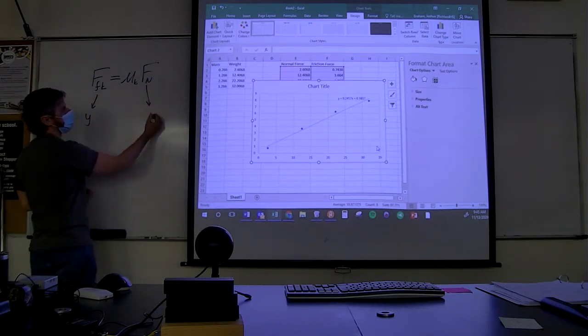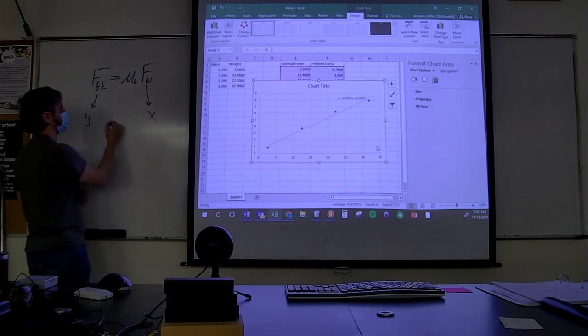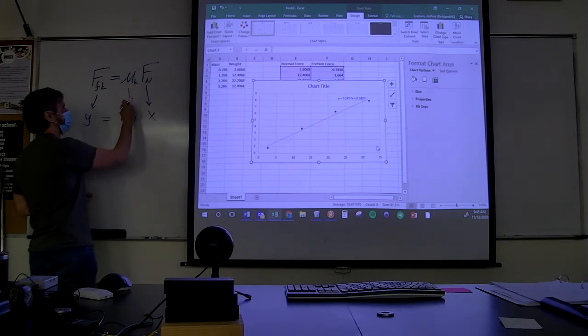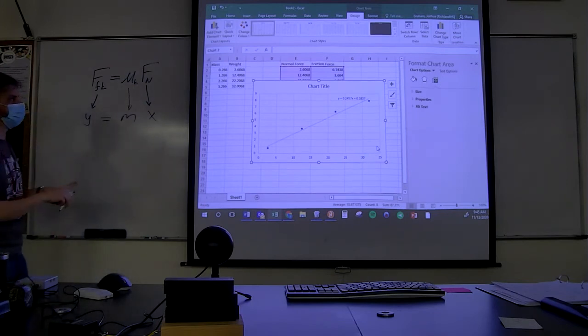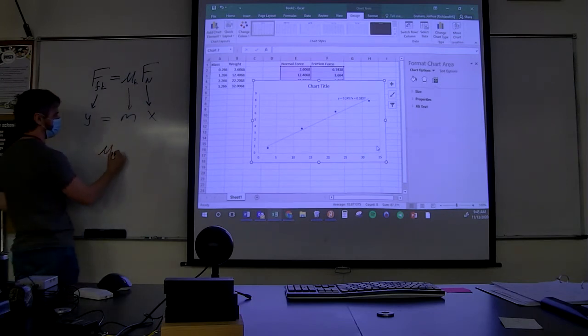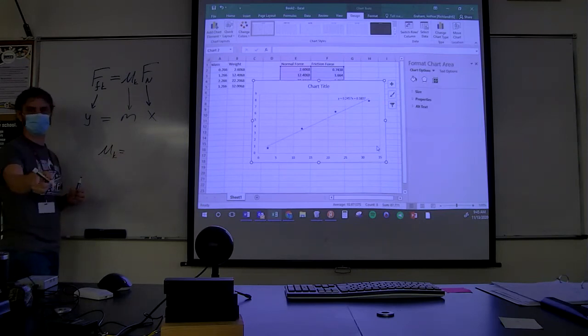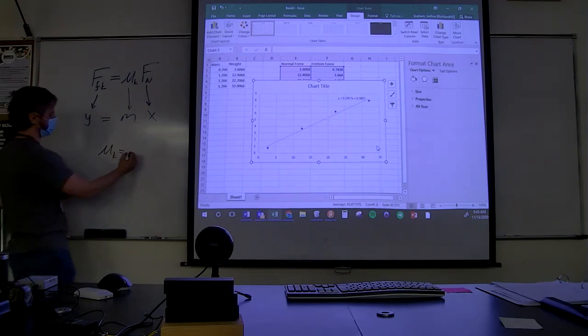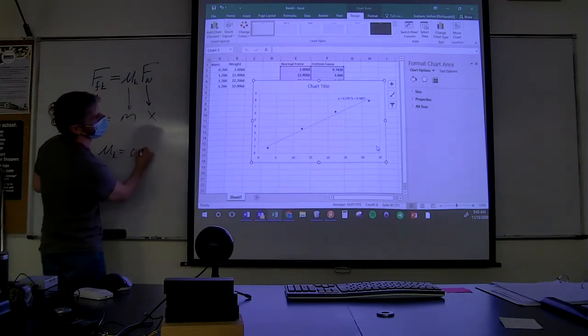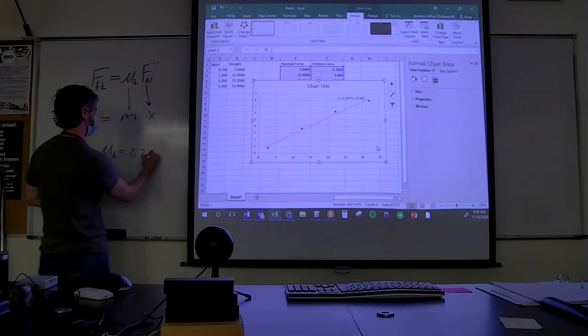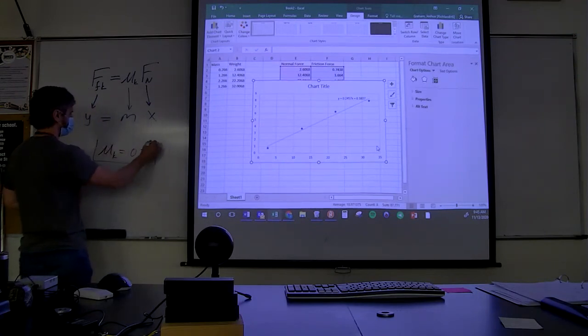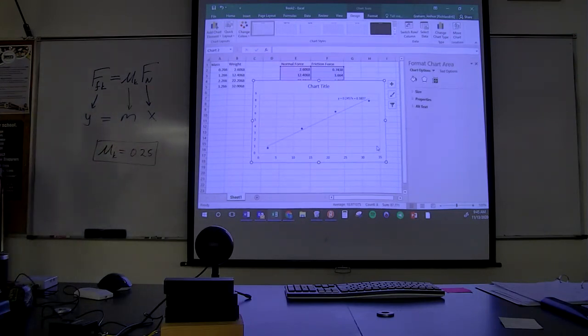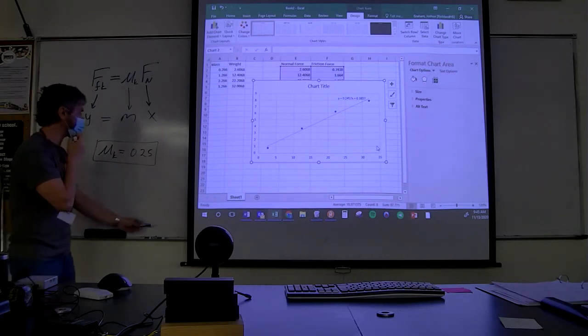My x in this case was the normal force, which means that the slope in this case should represent the coefficient of friction. So I have just determined the coefficient of kinetic friction between that block and the table as 0.2457 or about 0.25. Last period we got 0.24. So there's experimental error here, and I wasn't as careful as I probably should have been.